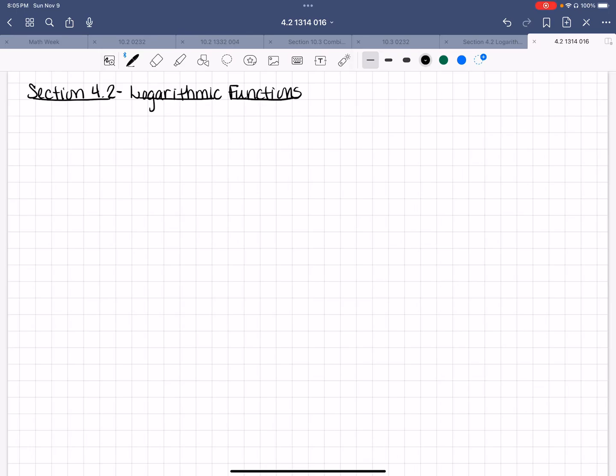Okay, guys, we are on section 4.2, logarithmic functions. We're going to start off with a definition.